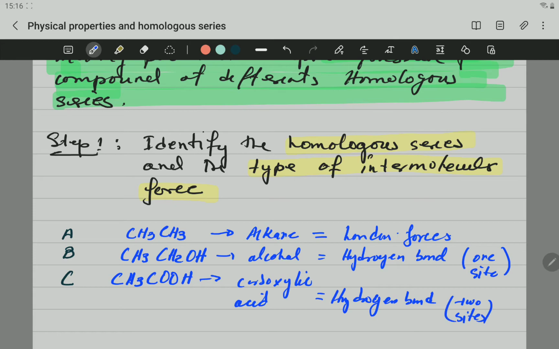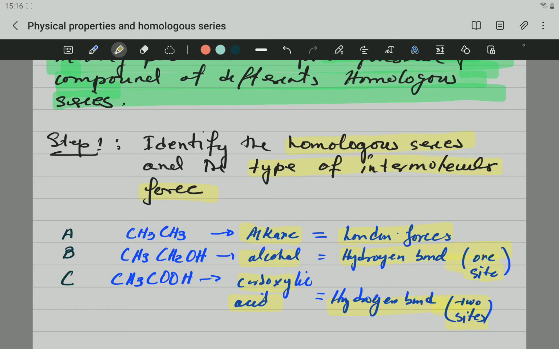We identify the homology series. You can see here we have the homology series for each of them, and then we identify the type of intermolecular forces that each of them has. So that is step one. Obviously, this must be written in a paragraph. Compound A is an alkane with London forces. Compound B is an alcohol with hydrogen bonds, or with one side for hydrogen bond. And compound C is a carboxylic acid which has two sides for hydrogen bond.